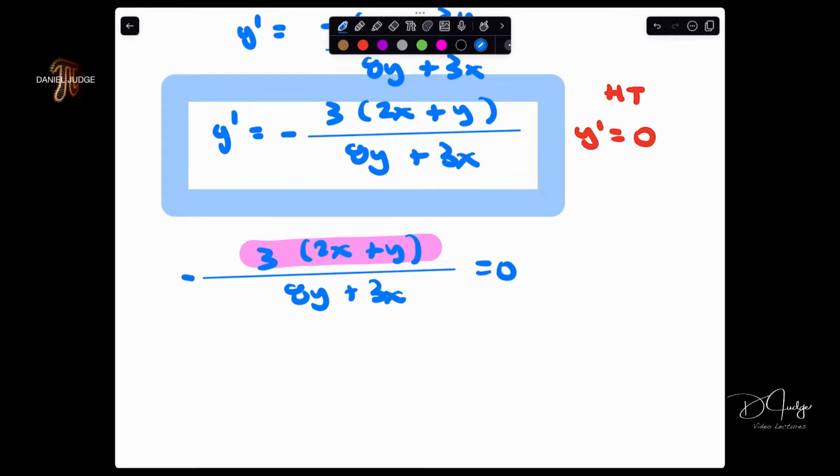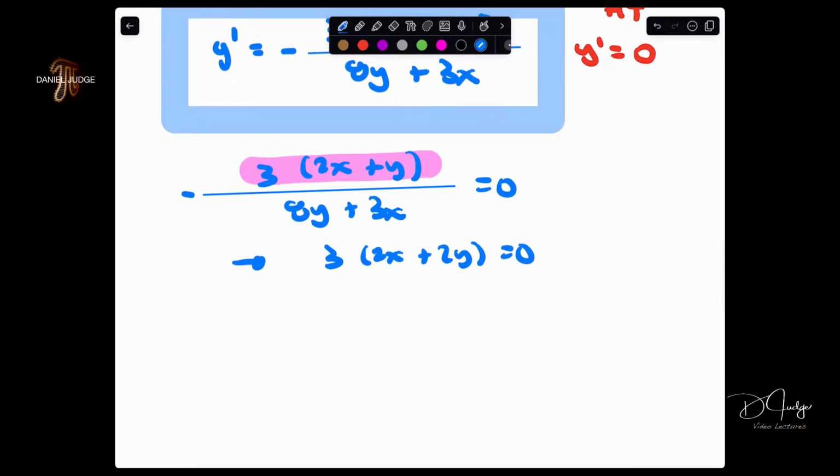That implies your numerator is 0. So that means negative 3 times 2x plus y is 0. Or we can say just 3 because that's the numerator, or negative 3, it really doesn't matter. Because what this means is if I divide both sides by any number that's not 0, this is why it doesn't matter.